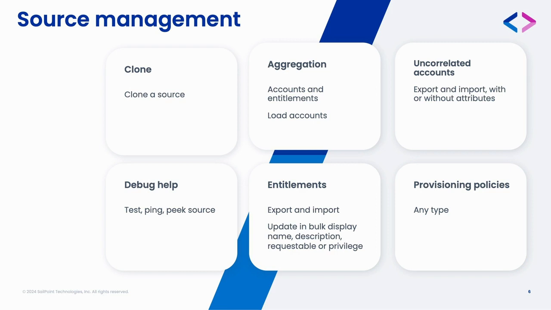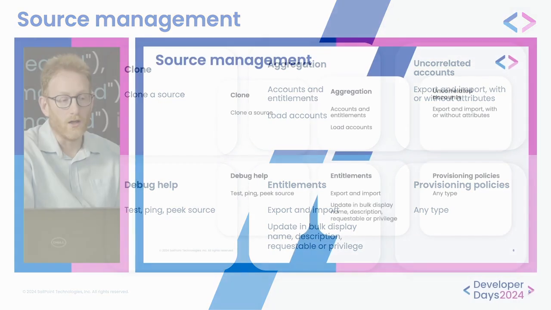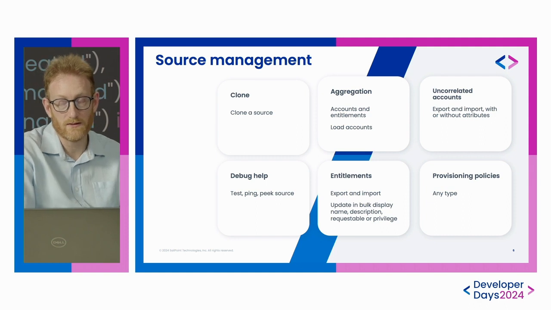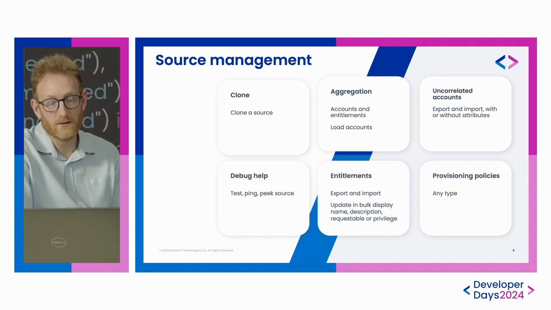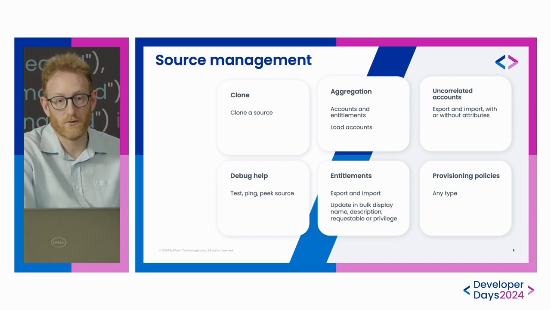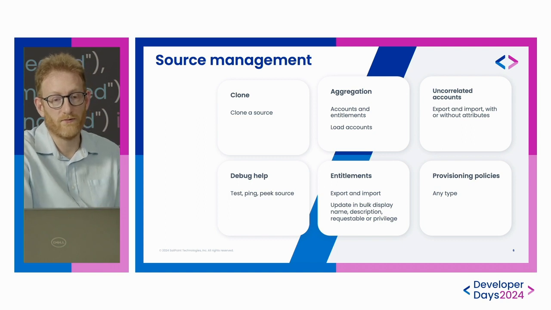I wanted to do that mostly because I wanted to add attributes to uncorrelated accounts, so it's easier to find what exactly the uncorrelated account is, and to which identity it might be correlated. The import function in the ISC is quite strict in terms of columns, so I also had to develop the import feature so I can support the same format as I export.